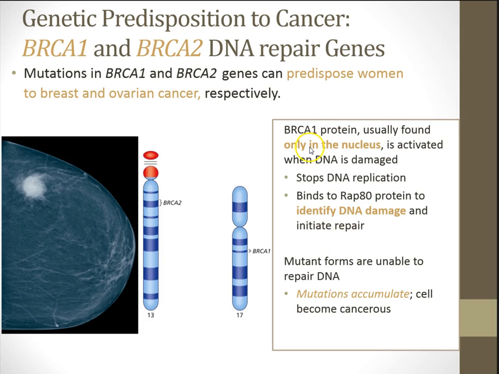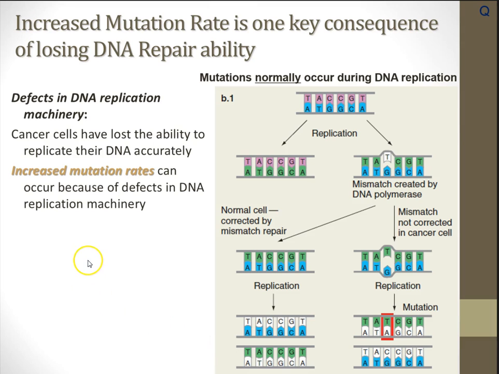Therefore, in the absence of BRCA1, RAP80 never gets to recognize DNA damage, and repair is never initiated. In this way, we tend to see within cancer cells where there's a DNA repair mechanism disabled, a large amount of mutations.